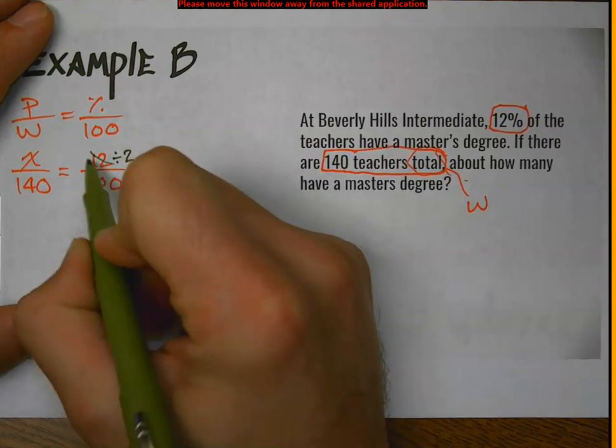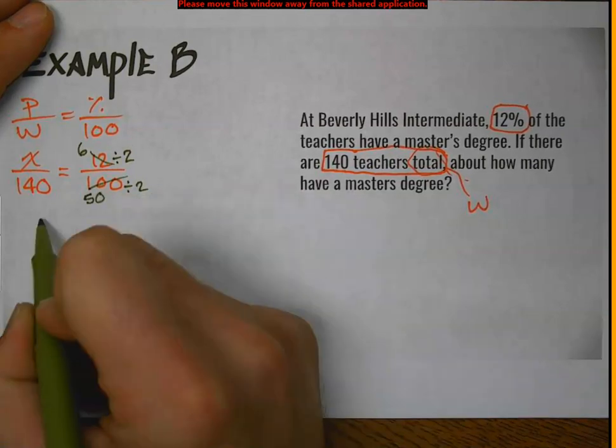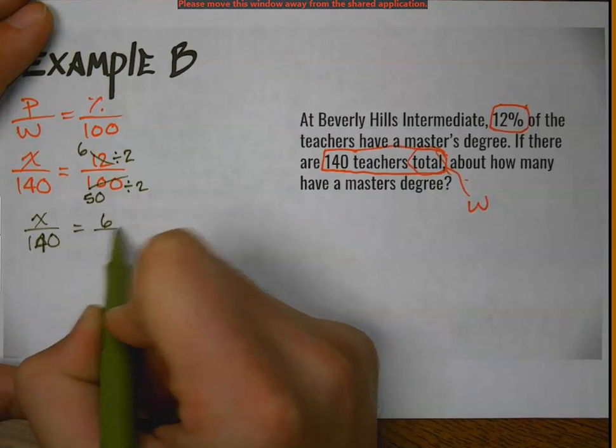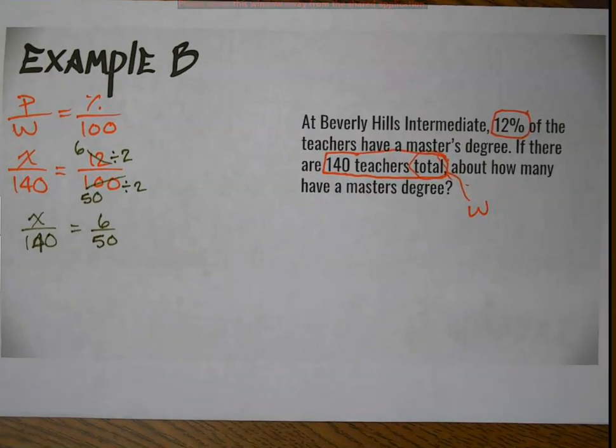Half of 12 is 6. Half of 100 is 50. Okay, so now I have x over 140 equals 6 over 50. Okay, now you can simplify as many times as possible.